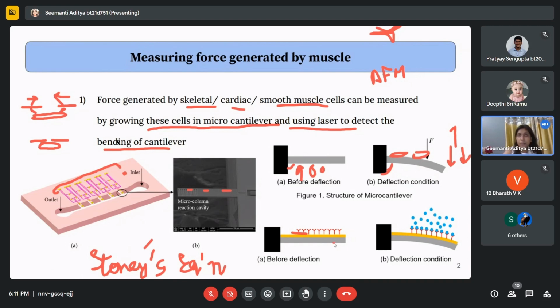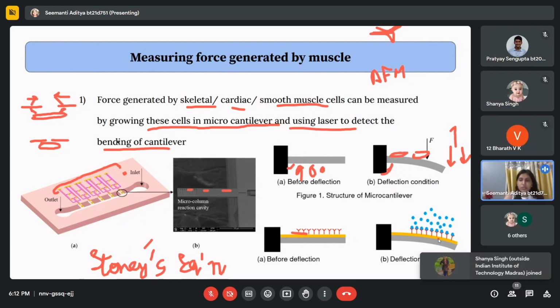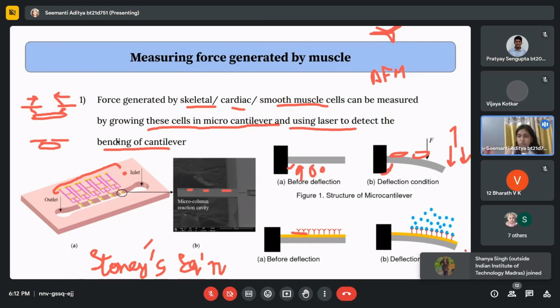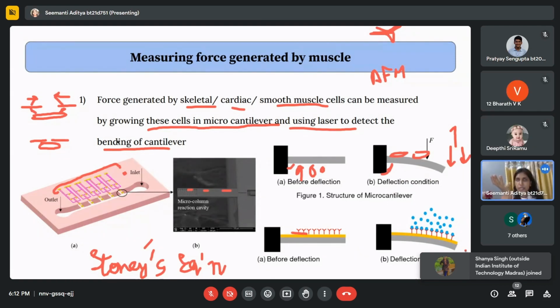If we want the muscles to respond to certain drugs, then those diseased phenotype cells can be plated on the surface of this cantilever, and we can incubate those cells with certain drugs, and after a certain time we can check whether or not these muscles are showing contraction by measuring the deflection of the cantilever.